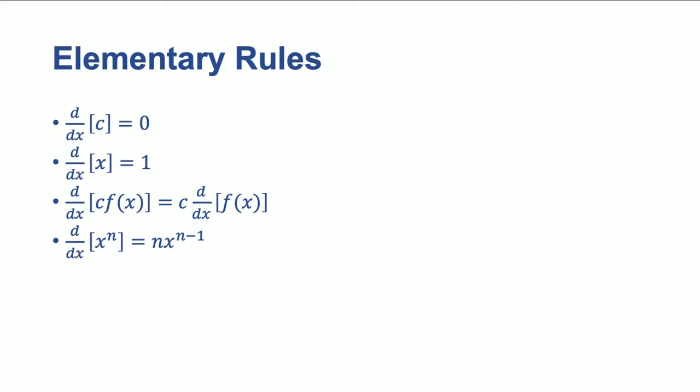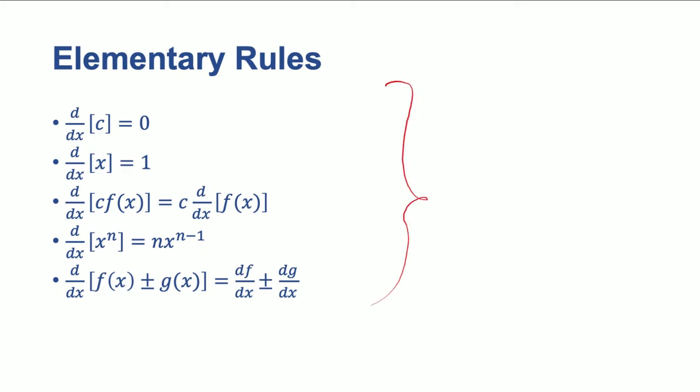And then we also had the rule saying that if I want to take the derivatives of sums or differences of functions, I can split those up and take the derivative of each function and then do the addition or subtraction later. So these are really the rules that we need to remember, although there are some more that we're definitely going to want to know. But these are the ones that we absolutely must remember.